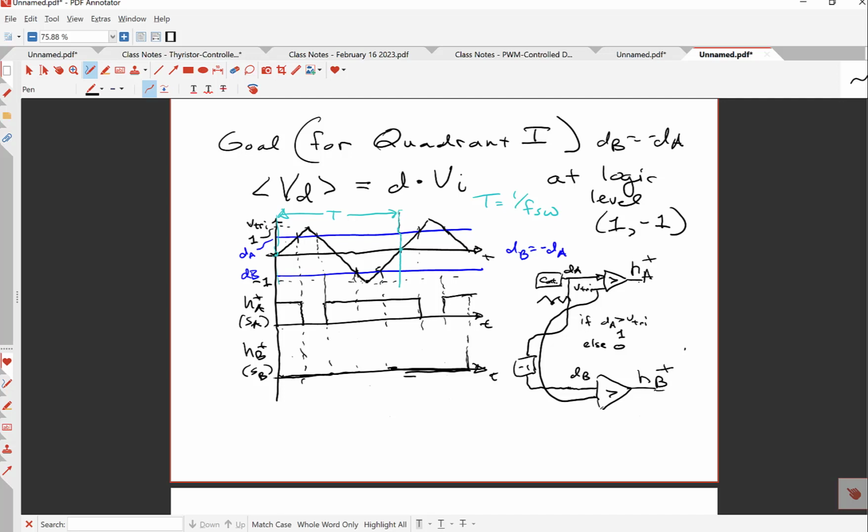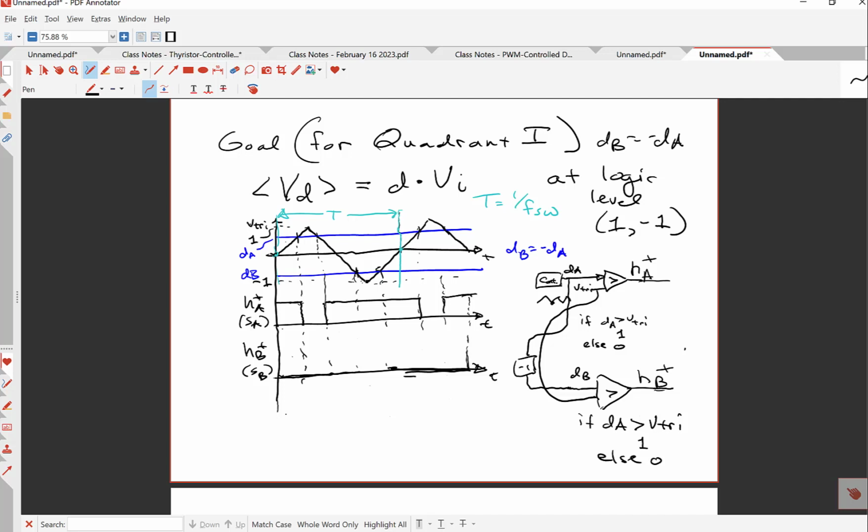These are the gate signals to the top devices in the two phases. And again, same thing: if D sub A is greater than V triangle, we should have a 1. Otherwise, we'll have a 0.